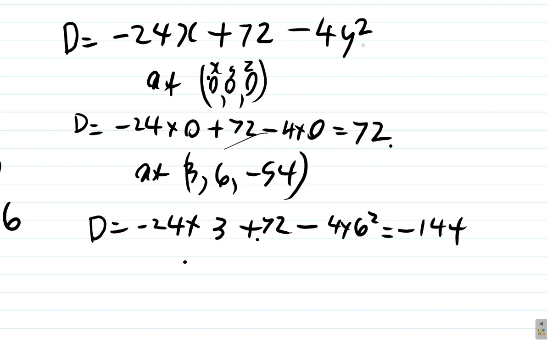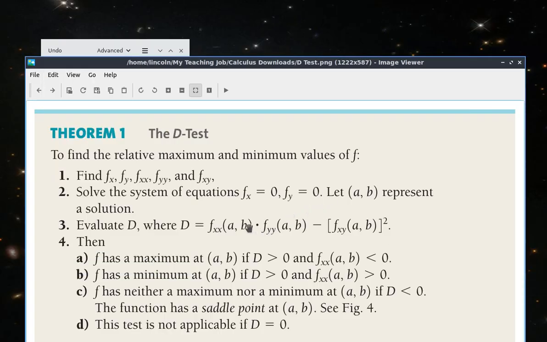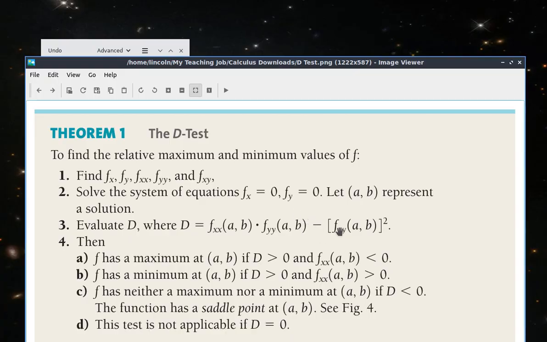Now, here, D, let's look back at our formula sheet. If fxx at (a, b), if D is greater than 0, yeah, D is greater than 0 at 0, 0, 0. What about fxx at (a, b)?